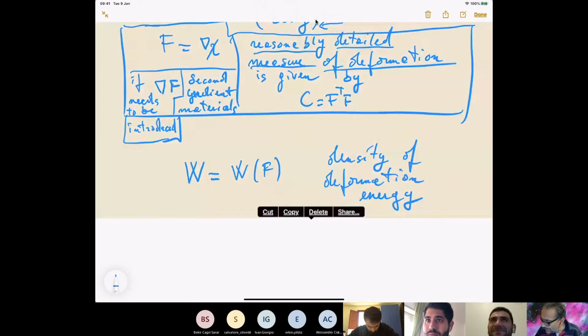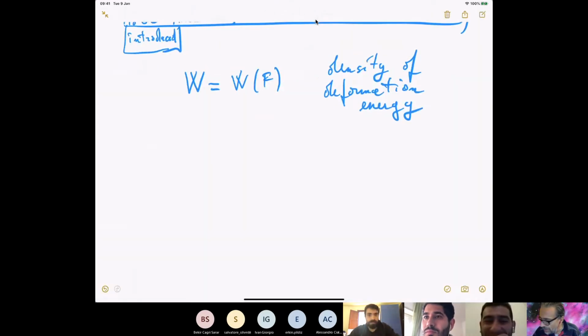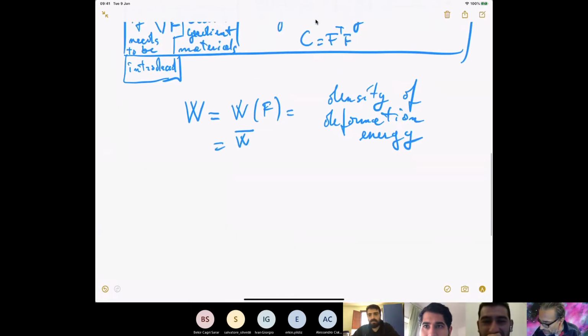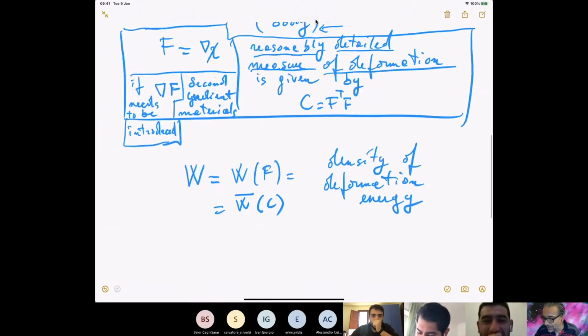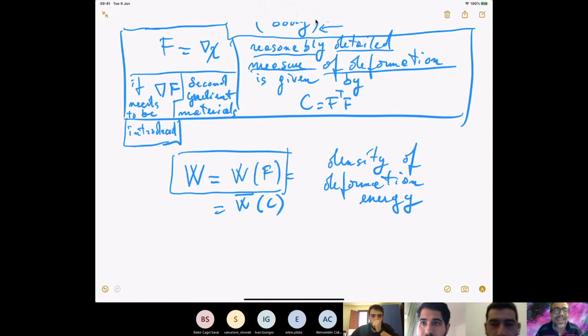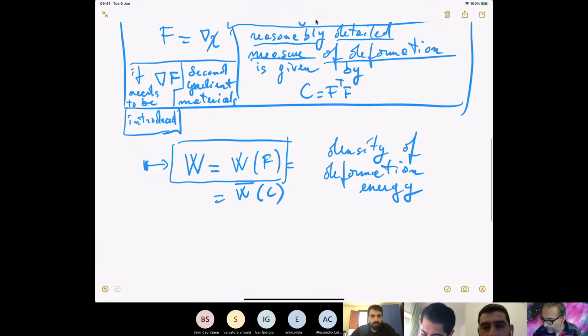Of course, this density of deformation energy is not a generic function of F. It has to be a specific function of C. But as C depends on F, in the next discussion, for making simpler calculations for the moment, we will use this structure for deformation energy.